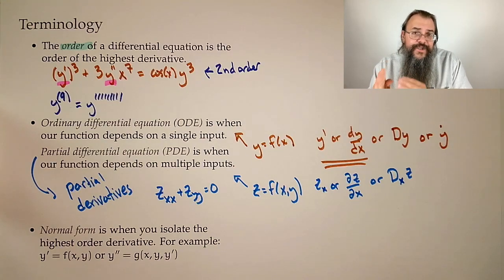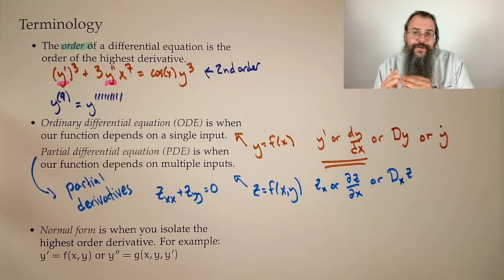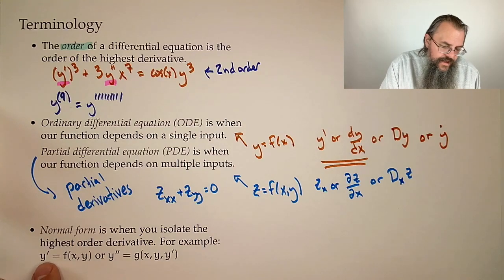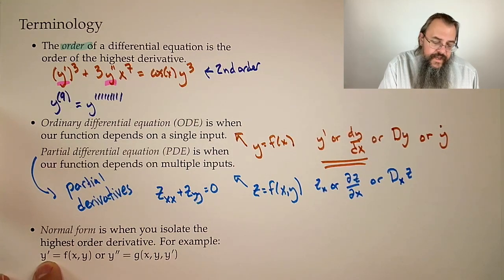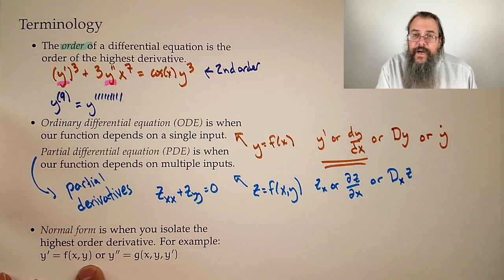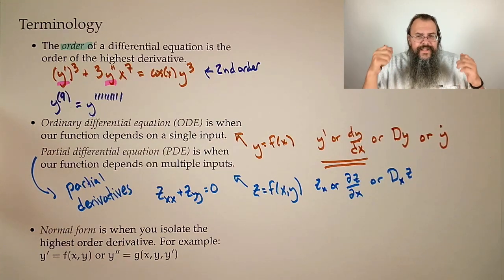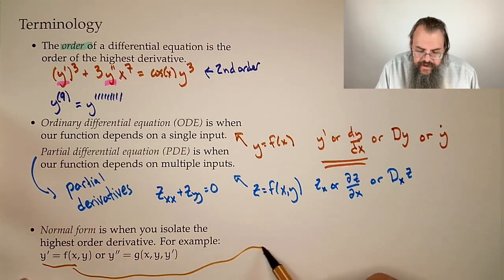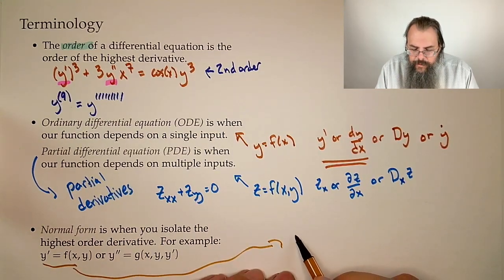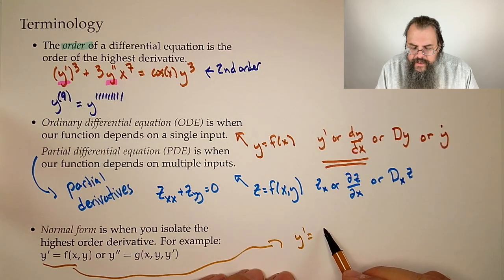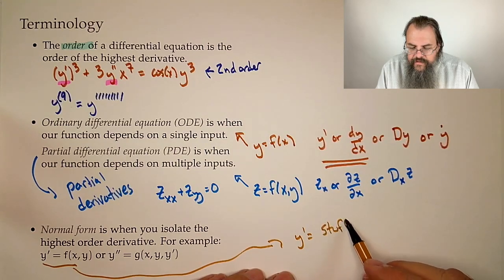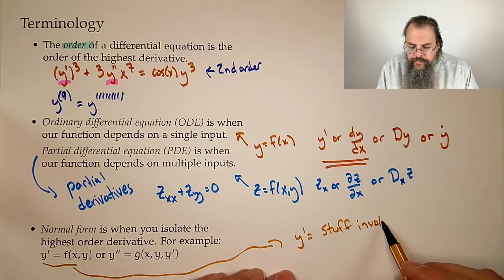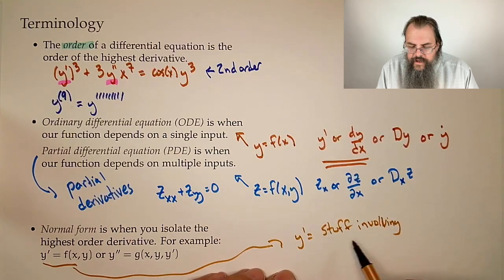So if I'm a first order ordinary differential equation, I would say, get the highest derivative y prime as a function of x and y. And now you start thinking, oh, what does that really mean? So what this really means is the following. It says, take y prime and write it as stuff involving x and y. That's what we really mean.